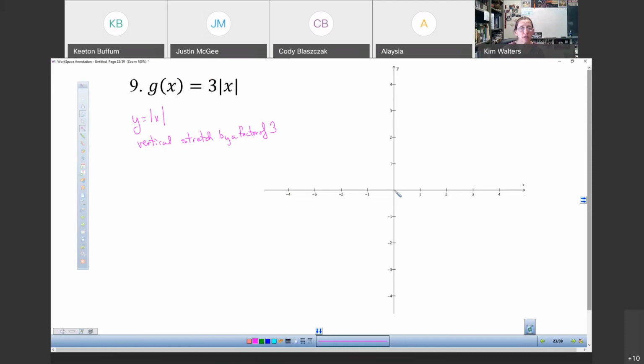It's not going to shift at all, so it's going to turn at 0, 0. I would pick an x value of 1, and if you put 1 in here, you're going to have the absolute value of 1 times 3, and so I'm going to get a y value of 3. I would probably tell you to plot this point. And then knowing that it's going to be the same on the other side, this is going to give you your graph.